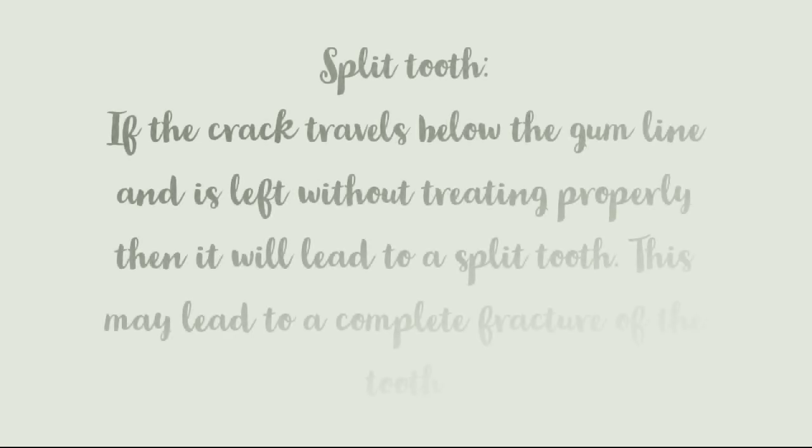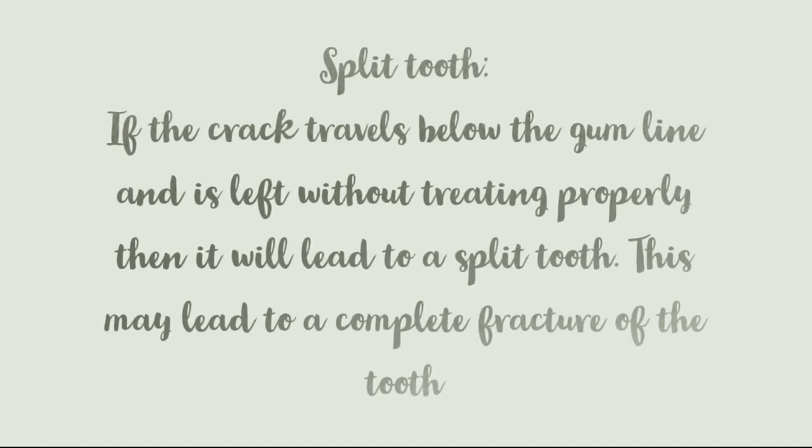Another type of fracture is split tooth. If the crack travels below the gum line and is left untreated, then it will lead to split tooth, and this will lead to a complete fracture of the tooth. You will not even extract it, because it will already be broken into fragments.